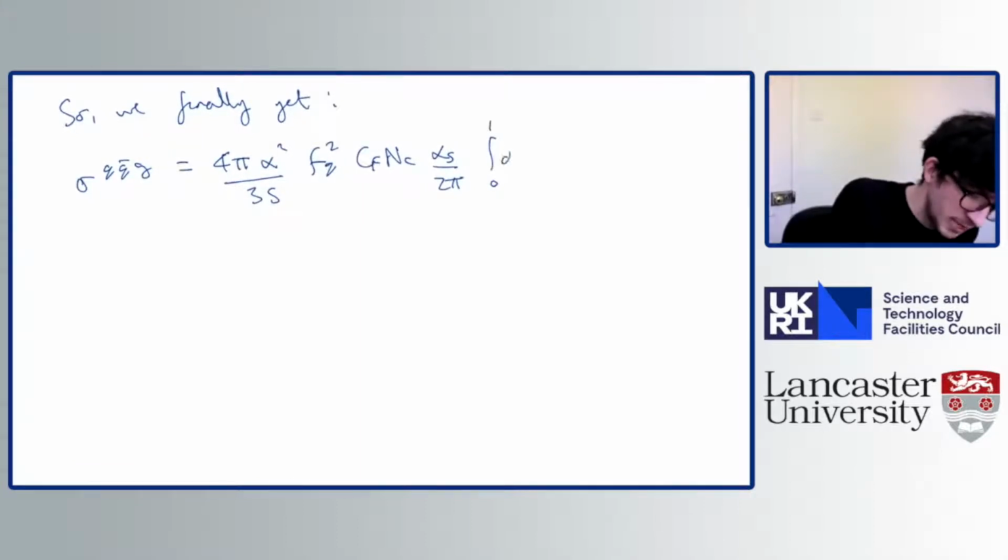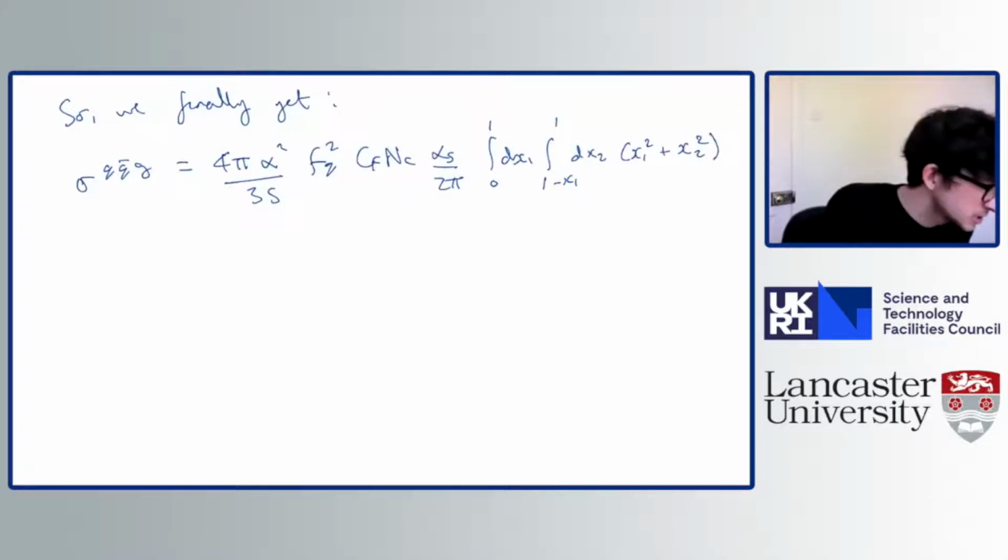And with a little bit of thought, you can convince yourself that the actual ranges on these things go like so. So x1 can go from 0 to 1, but x2 then is limited in that way to keep a maximum energy that things can carry, given the original input root s. And the rest looks like this.